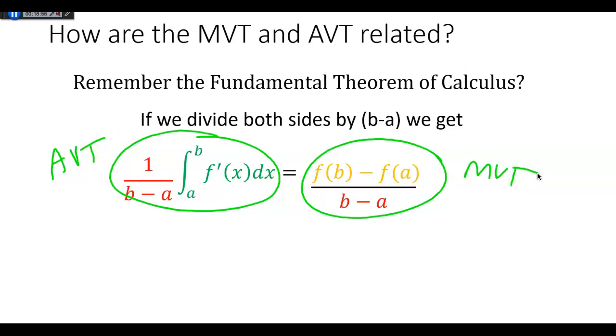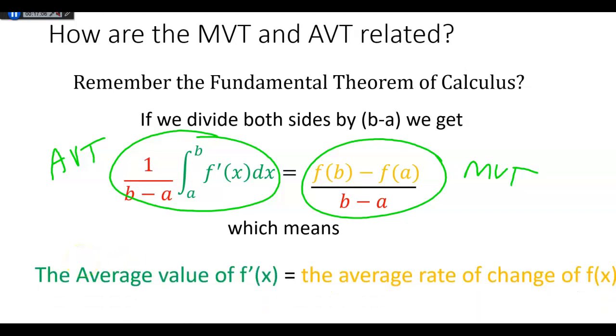They actually are, but there's a very important difference to see. Okay? Here's the difference. Ready? The average value of your derivative is the average rate of change of the original function. I'll say it again.